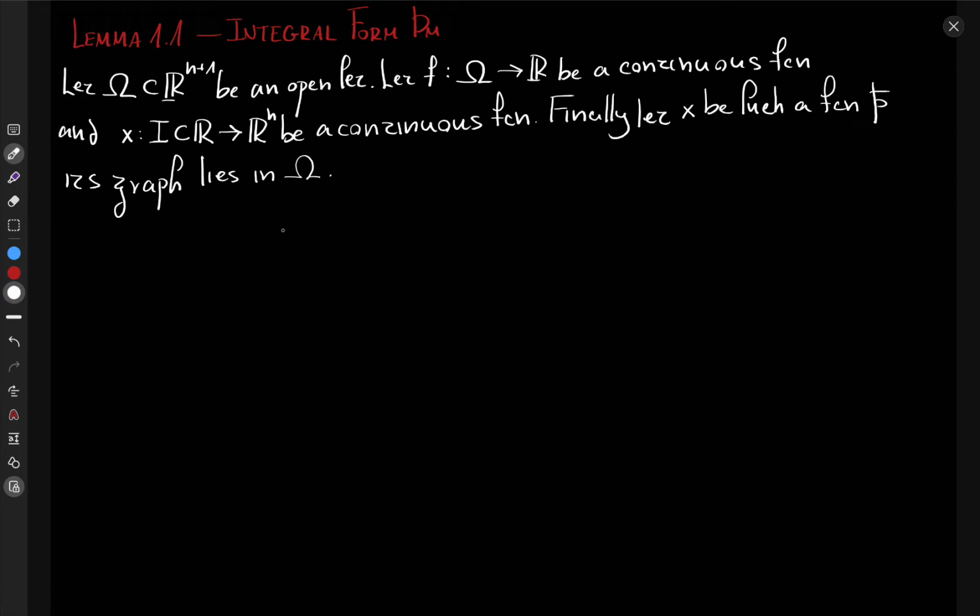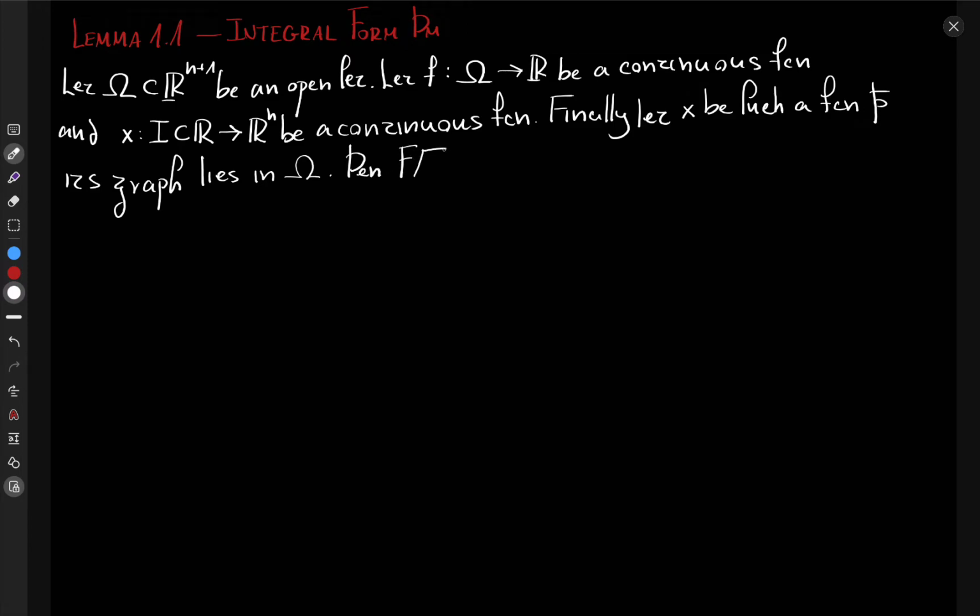What do we mean by graph of x? Well, by that we simply mean an ordered tuple, such that the first entries correspond to the input variables of x, and the remaining entries correspond to the individual outputs of x. Now, then the following are equivalent.